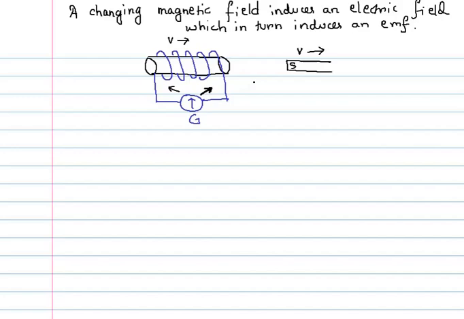In such a situation, will there be a deflection in the galvanometer? The answer is no. That brings us to the point I am trying to establish here: whenever there is an induced EMF, there has to be a relative motion between the coil in which the EMF is getting induced and the magnet.